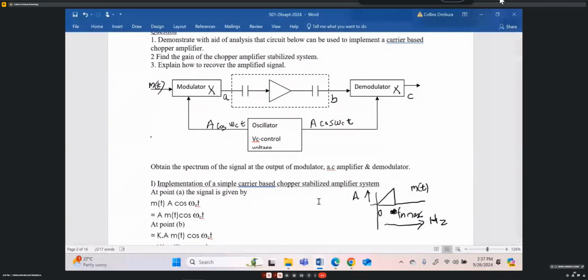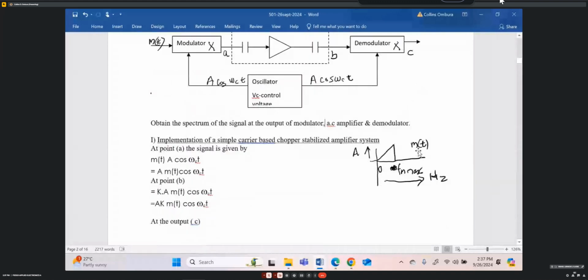So the spectrum of our carrier frequency, its amplitude is, for m(t), the amplitude is just 1. And for this one, the amplitude is A. So this frequency is omega_c. Remember, omega_c is 2 pi f_c.